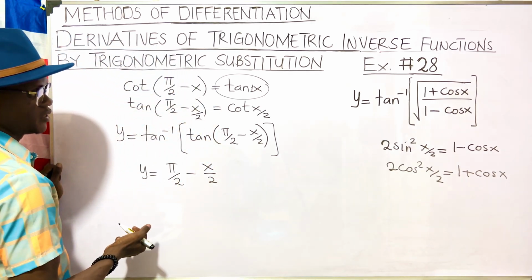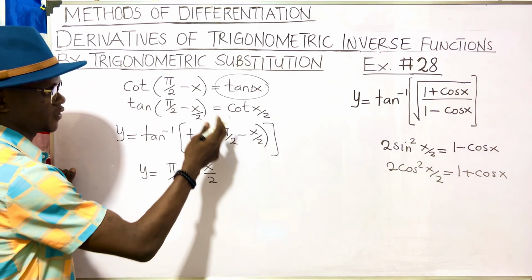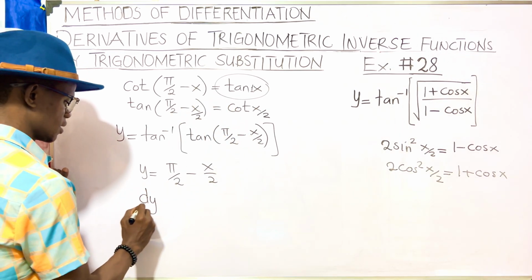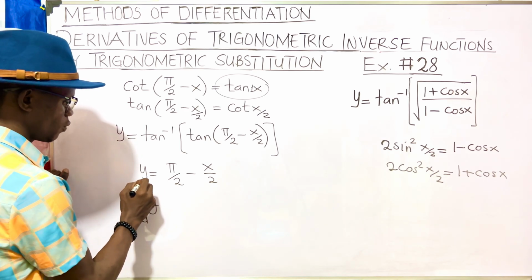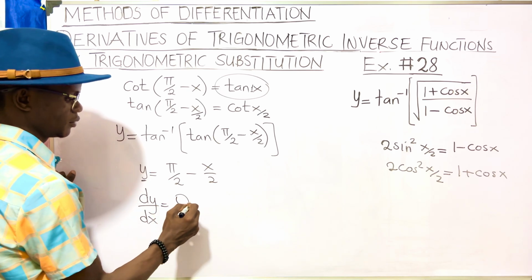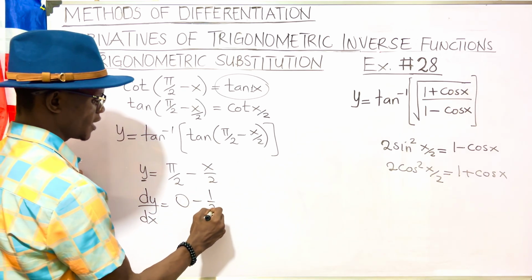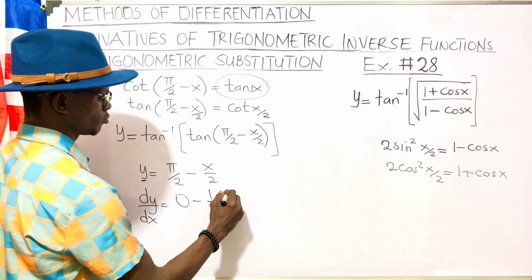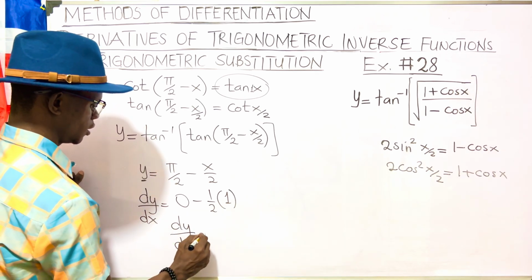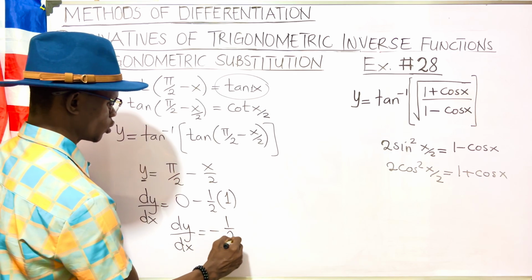So let's find the derivative with respect to x, because we're asked to differentiate this expression with respect to x. The derivative of the function y with respect to x: the first term is just 0, and the derivative of x is just 1. So dy by dx is just minus 1 over 2.